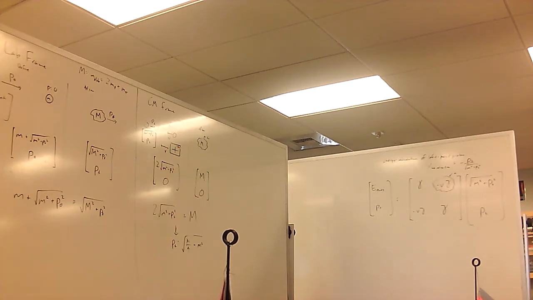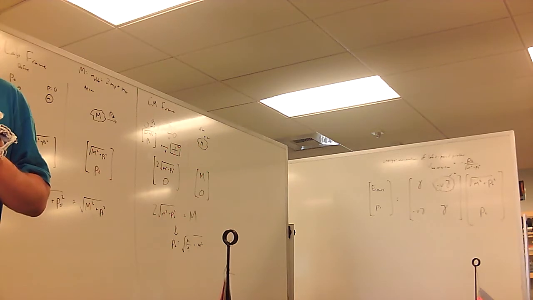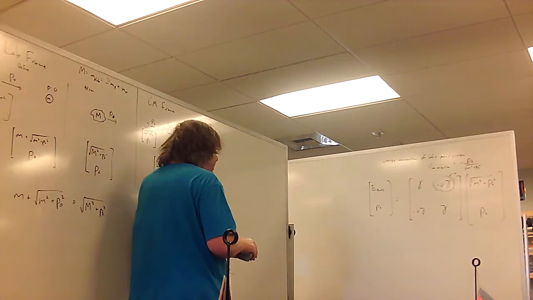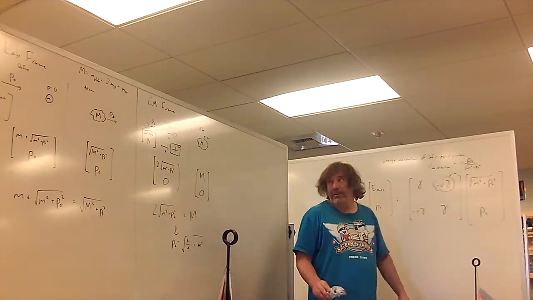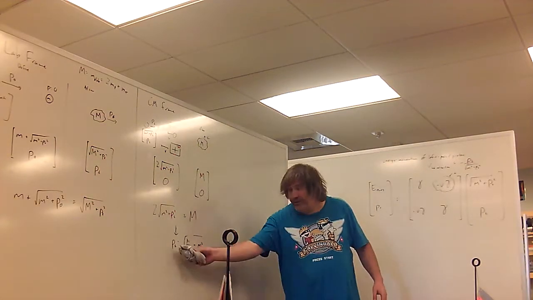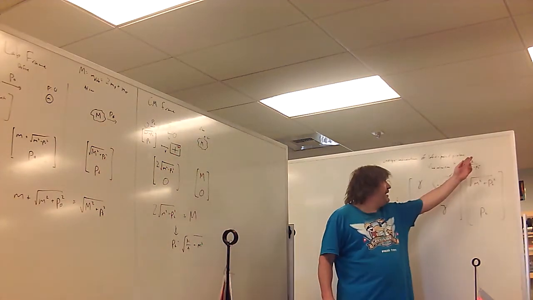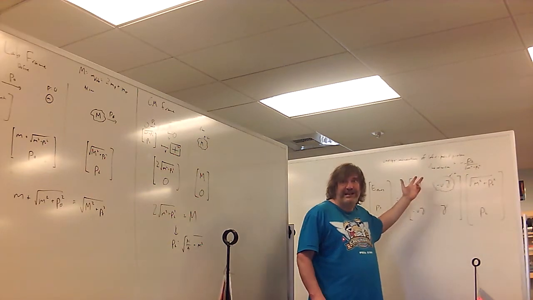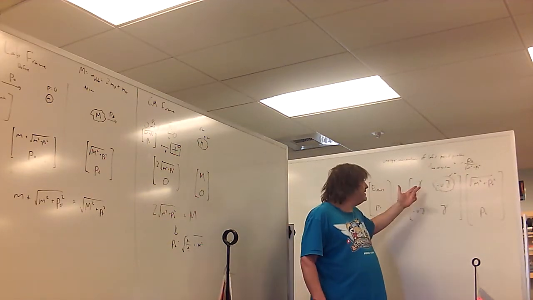Well, in the center of mass frame, this proton specifically has energy that looks like that, and momentum that looks like that. So I can write his energy momentum vector in the center of mass frame. What does it look like in the lab frame? Energy E threshold, momentum P naught.